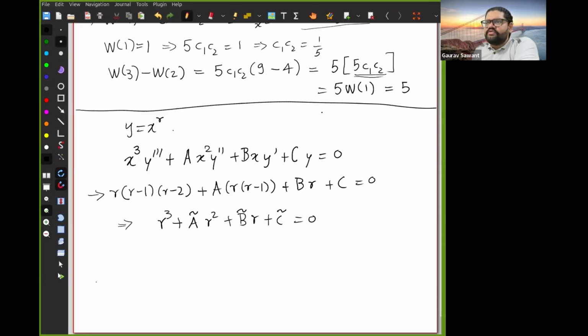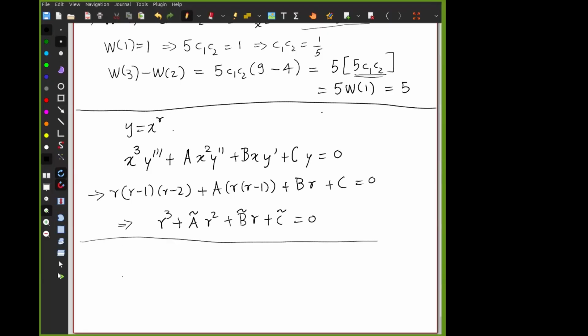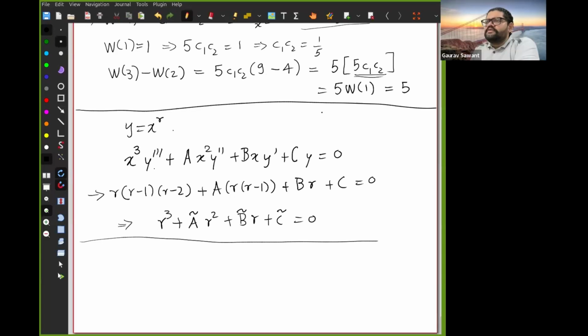Now this second question, could you repeat that? Yes, sir. If the power of x and the order of derivative are not the same, such as if there is x to the power 4, y triple dash, something like that. So you have to see if the total degree is the same for each term. You could potentially have something of the form x y double dash plus maybe some a times y dash plus b divided by x times y equal to 0.